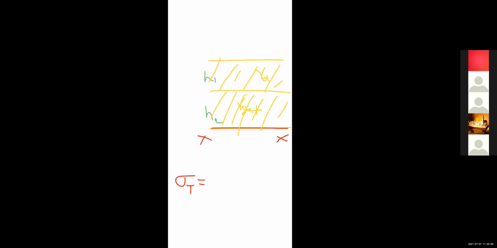So we can write sigma T equal to summation of normal force divided by area.